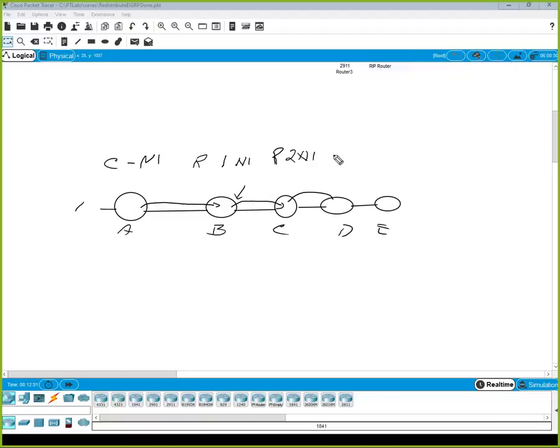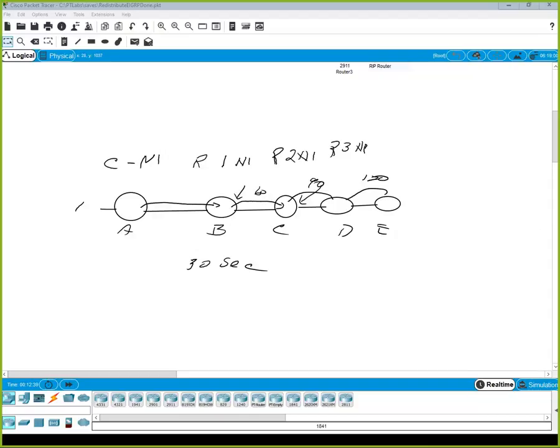Send it on down the line to D. We get RIP, and we now have 3 hops, and then it will be going to network 1, 192.168.1.1 or whatever. The next hop address is going to be this interface, and on down the line. RIP does this every 30 seconds. So slow to converge, 30 seconds, 30 seconds, 60 seconds, 30 seconds, 90 seconds, 30 seconds, 120 seconds. It can take a long time for it to converge using the broadcast.